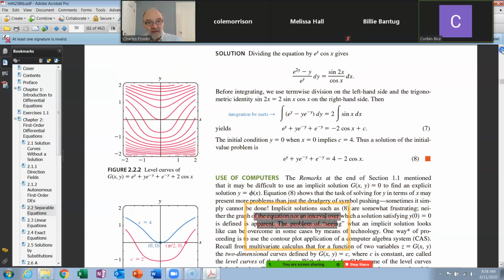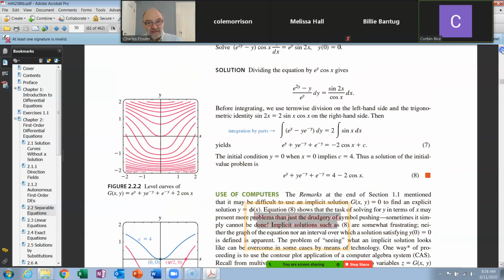Initial condition, when x equals 0, y is equal to 0, the only one of those curves that passes through the origin is this one, and that was the one when c is equal to 4. Okay? And that verifies that we did it right here. C is equal to 4 is that solution.